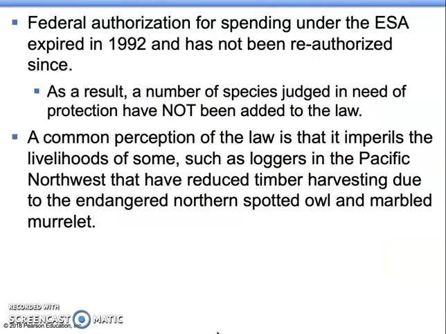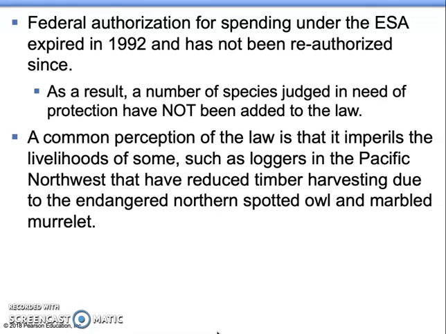However, federal authorization for spending for the ESA expired almost 30 years ago and is yet to be reauthorized. Therefore, there is a severe lack of funding to process species and implement actions to help restore species.